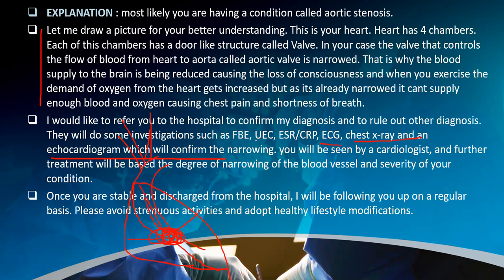After you have done those investigations, the cardiologist will be able to formulate a plan of management for you, depending on the degree of narrowing of your valve and severity of your condition. Further management will be discussed in detail with you by the cardiologist.